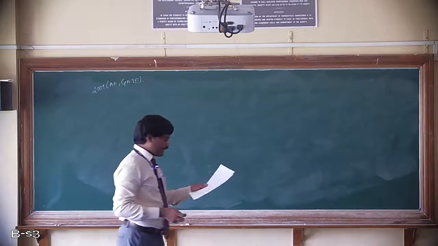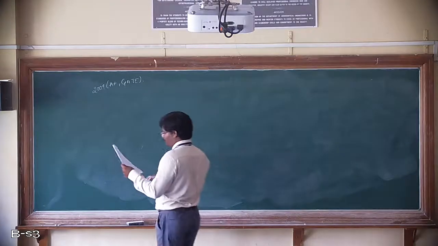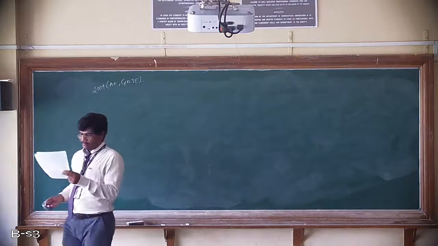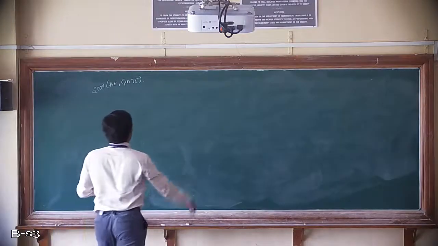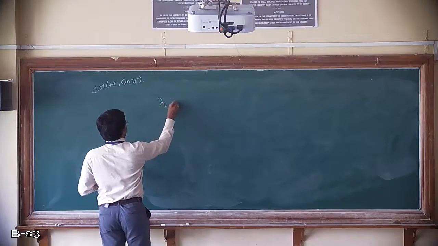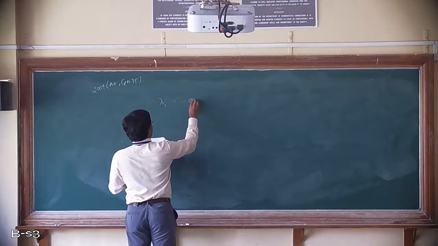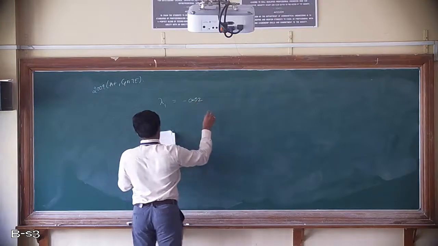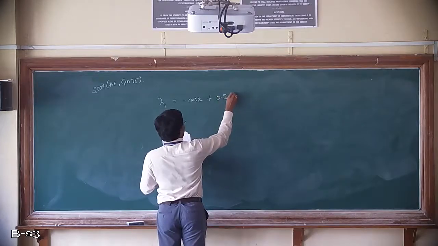So this is a common data question. Just try to write this question and I will dictate. The roots of the characteristic equation for the longitudinal dynamics of a certain aircraft are given like this.